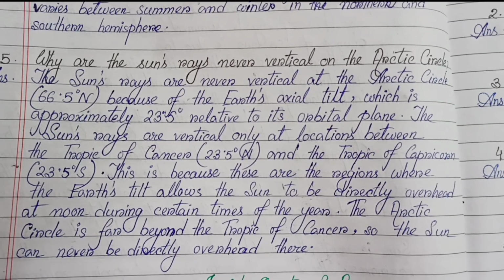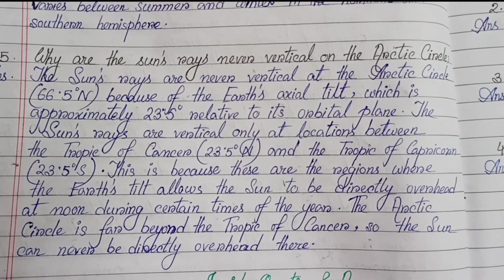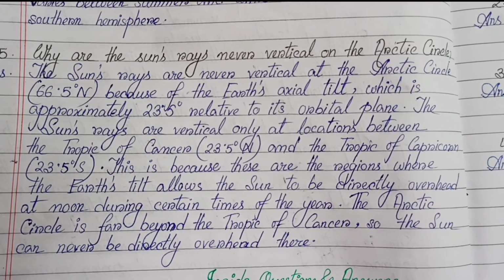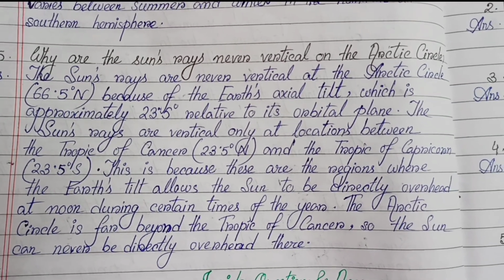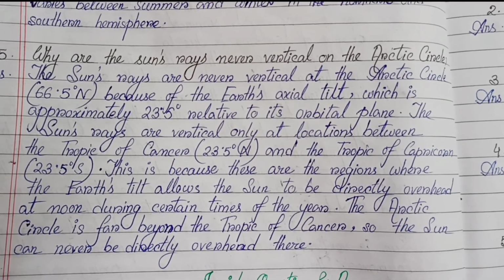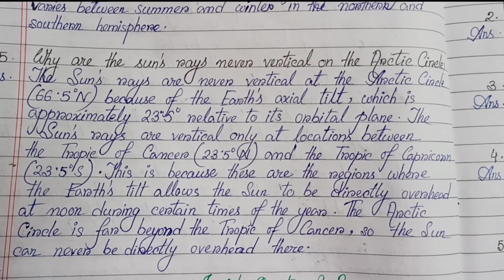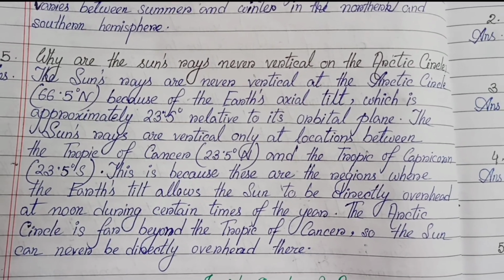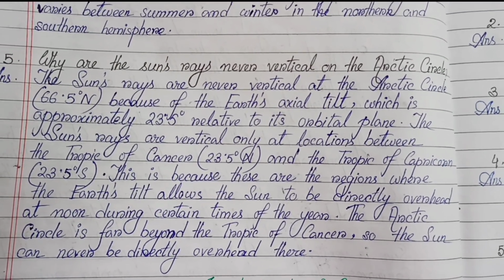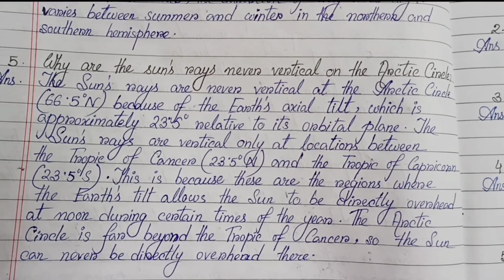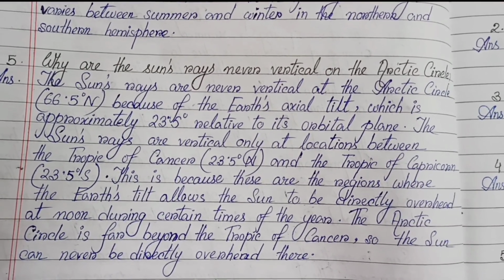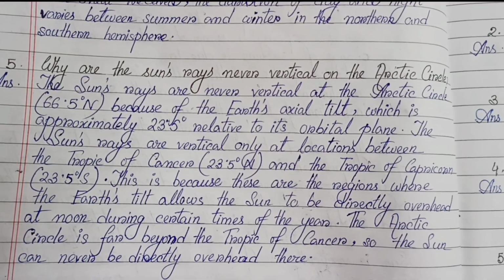The sun's rays are vertical only at locations between the Tropic of Cancer, 23.5 degrees north, and the Tropic of Capricorn, 23.5 degrees south. This is because these are the regions where the Earth's tilt allows the sun to be directly overhead at noon during certain times of the year. The Arctic Circle is far beyond the Tropic of Cancer, so the sun can never be directly overhead there.